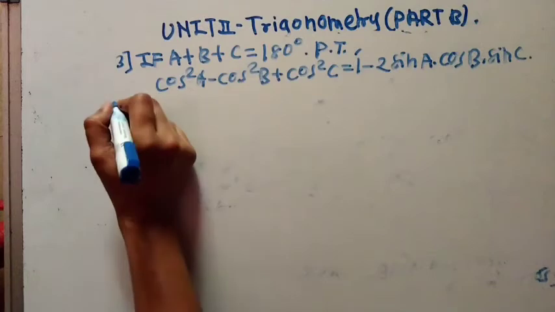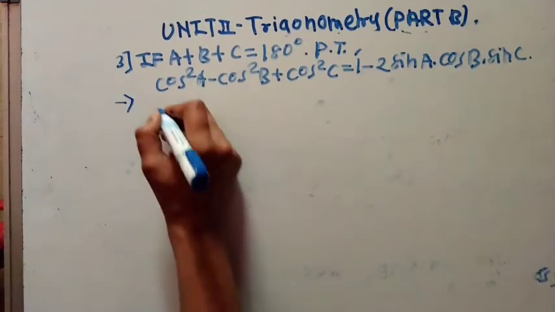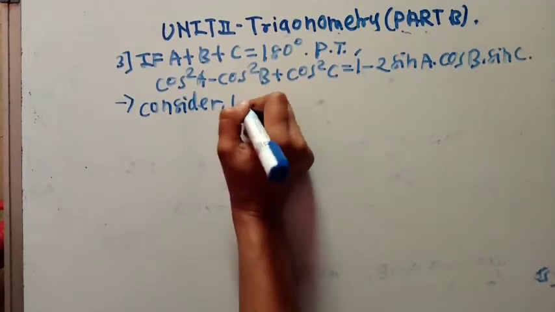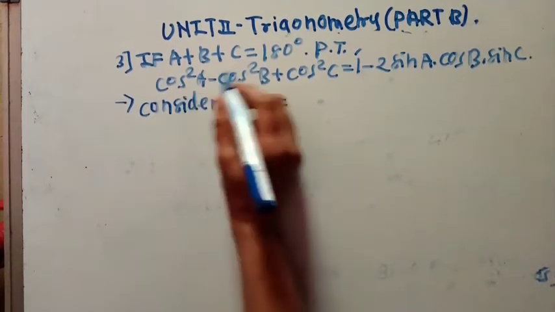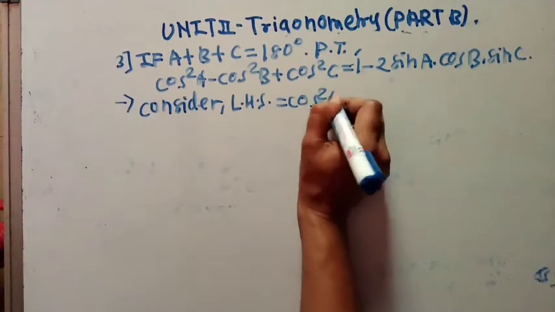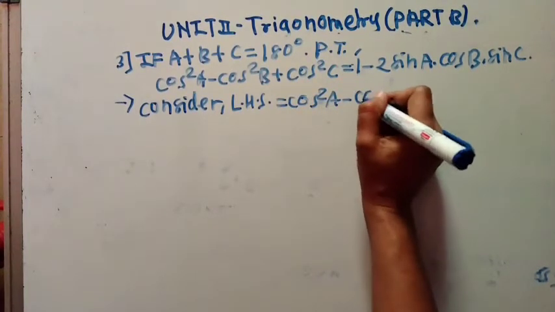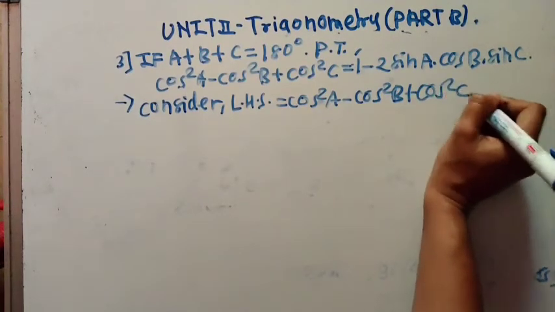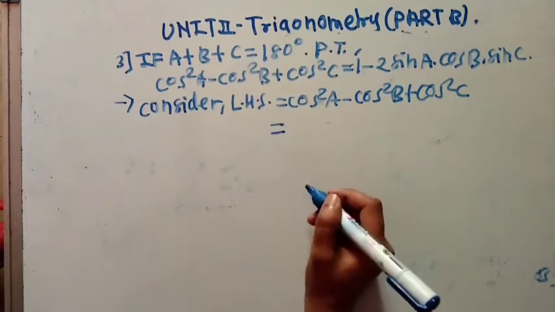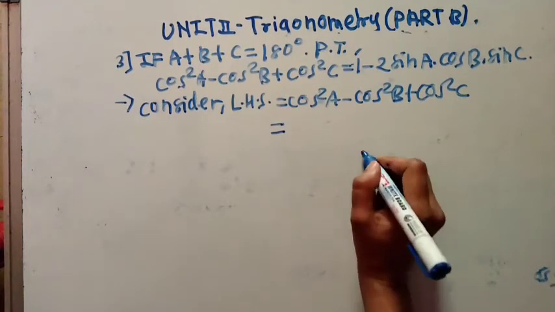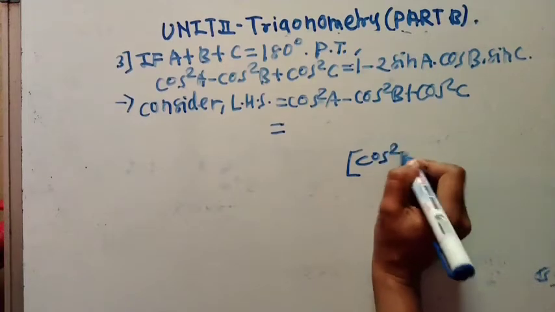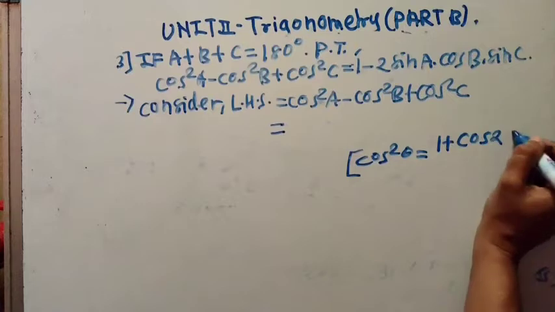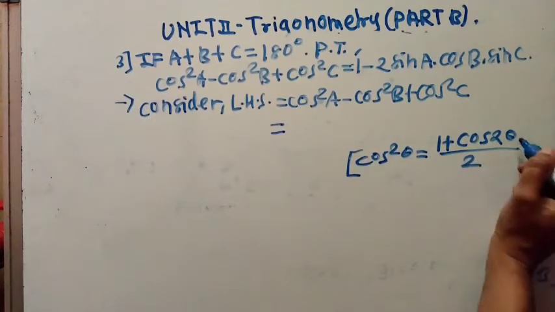So for this, first consider LHS side is equal to this cos square A minus cos square B plus cos square C, and which is equal to, we know that cos square theta is equal to (1 plus cos 2 theta) upon 2.